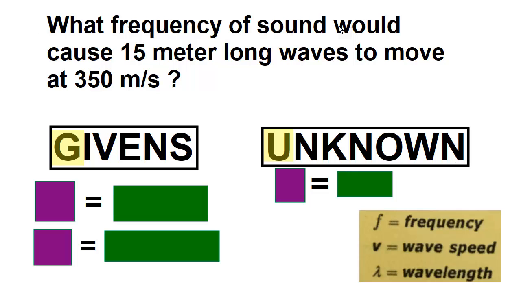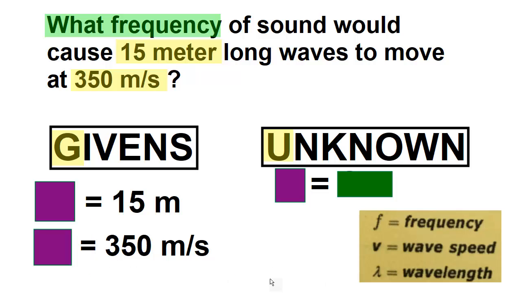What frequency of sound would cause 15-meter long waves to move at 350 meters per second? So I'm going to transfer those down to the bottom. 15 meters, 350 meters per second, and unknown question mark.